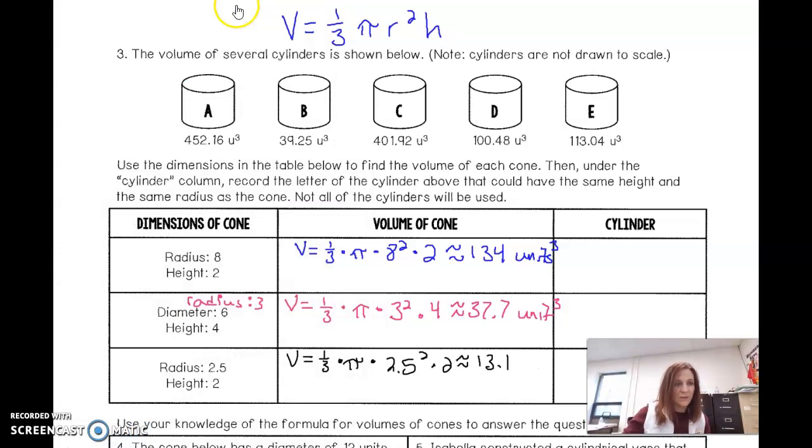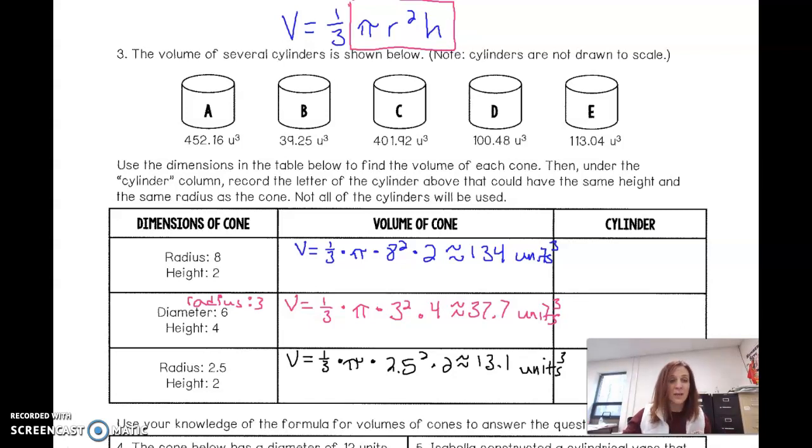Okay, now that we found our volume for each of the cones using our volume formula, now we want to see the relationship between a cone and a cylinder. Okay, so remember, our formula for a cone is really similar to formula for a cylinder. All we do is we divide by 3 or multiply by 1/3. So how do we undo dividing by 3?